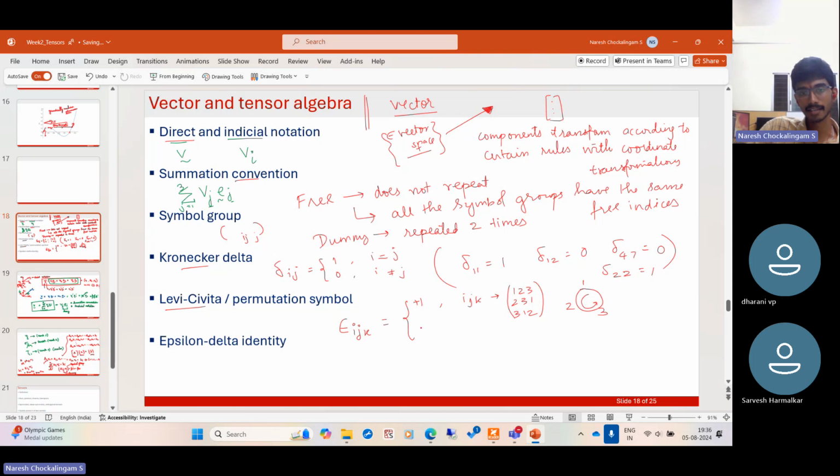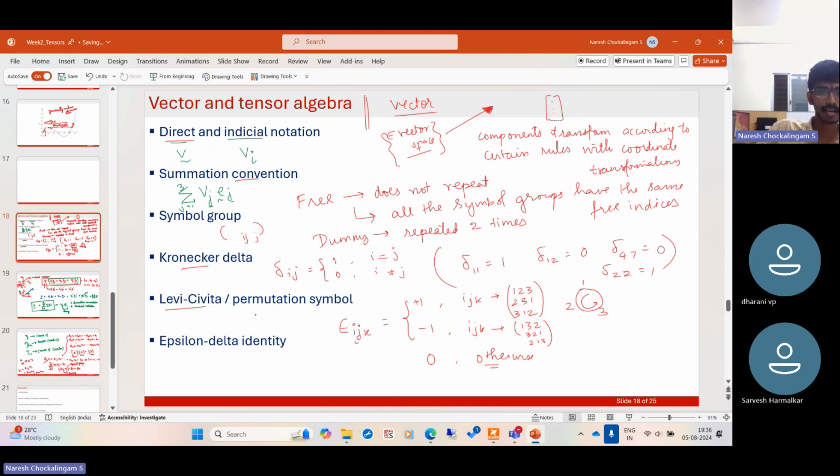It takes the value -1 if you go in the clockwise direction, so if ijk is 132, 321, or 213. And in all other cases, it takes a value of 0. If any two of these indices are repeated, then it takes a value 0. These are the permutations you can take without repeating.